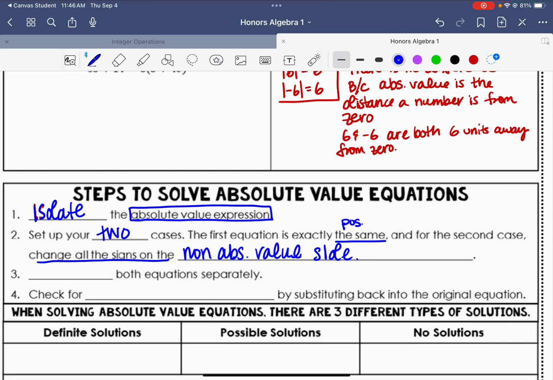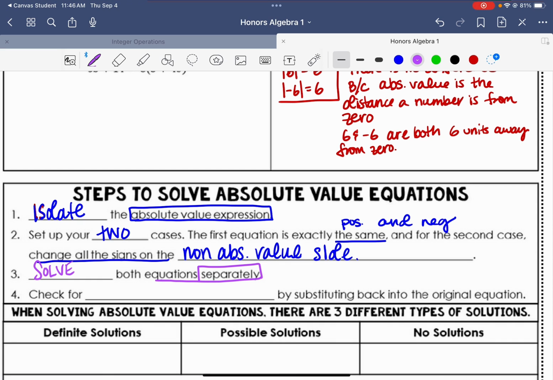And I will show you what that means. Pretty much means we're going to separate things into positives and negatives because they're all the same distance away from 0. All right, and then after we're done with that, we solve both equations, but we solve them separately, which means we can get 2 possible answers, okay?